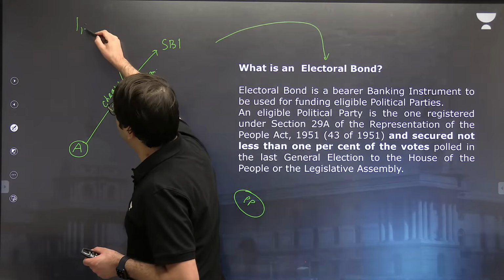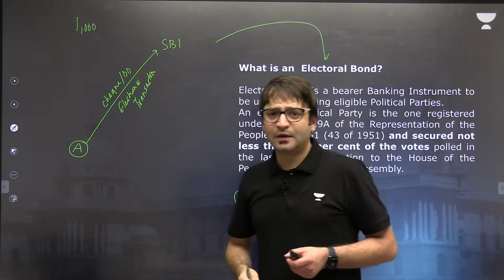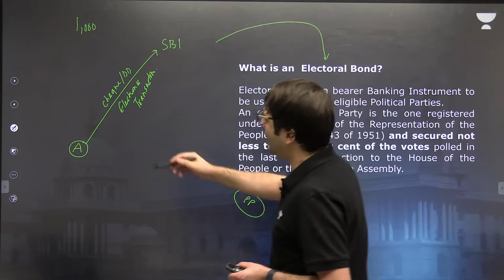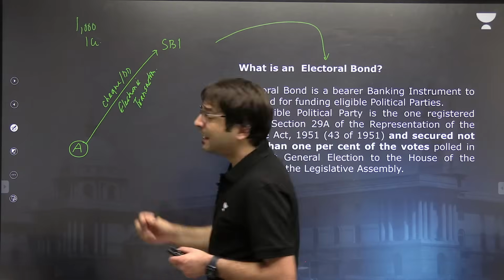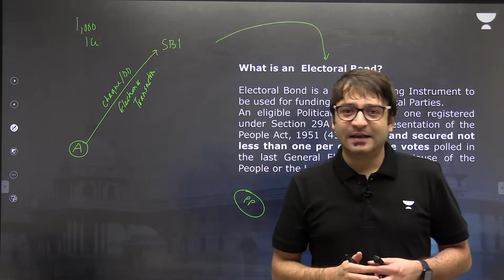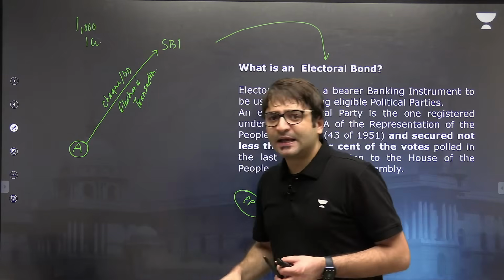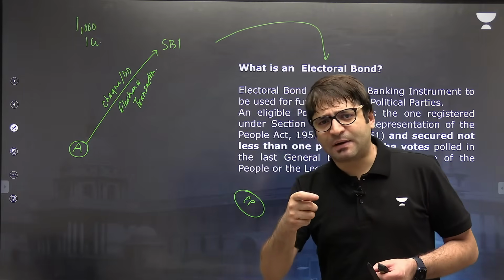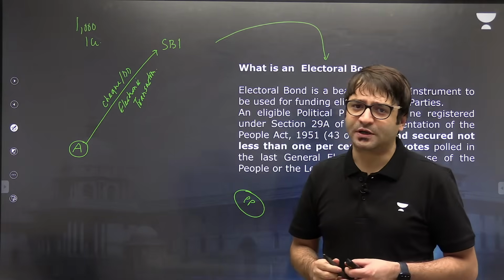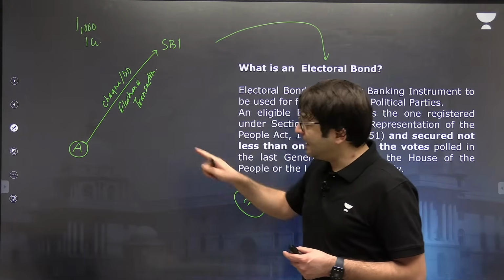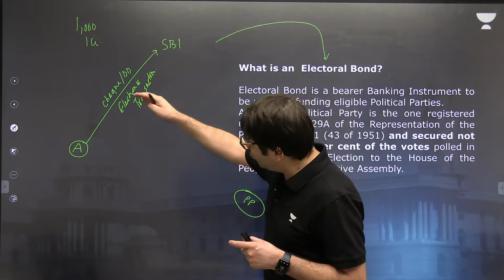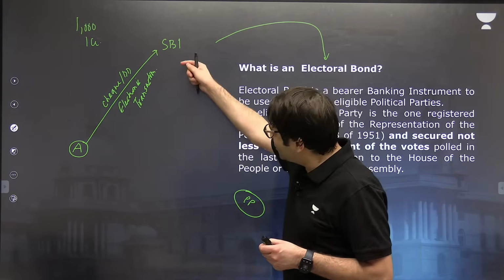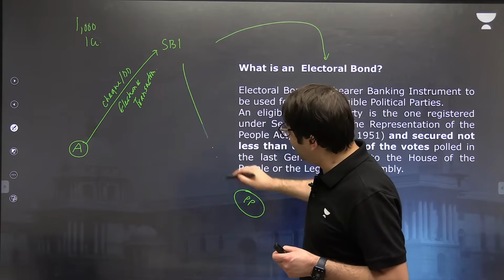You can purchase it for 1,000 rupees, or 10,000 rupees, or 1 lakh rupees, or 10 lakh rupees, or 1 crore rupees. But there is no limit, in the sense that this entity can buy as many electoral bonds as it wants. Multiple times you can buy 1 crore worth of electoral bonds from the State Bank of India, but not using cash, only through check, demand draft or electronic transaction, and give them to the political party.